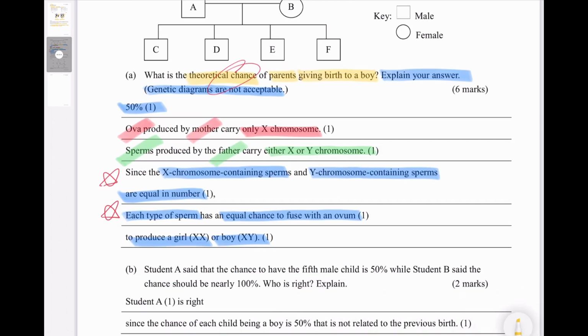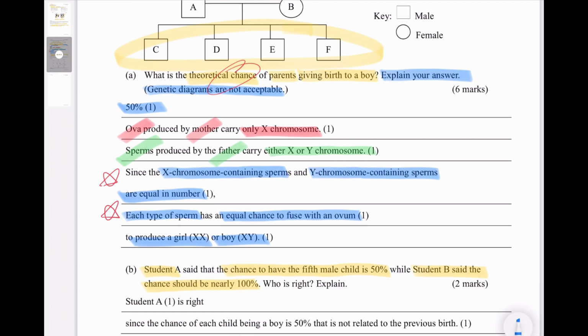And then for part B, student A says that the chance of having a 5th male child is 50%. However, student B says that the chance should be nearly 100% because you can see that the first 4 children are already male. So the chance for the 5th child to be a boy is nearly 100%. We cannot say so.